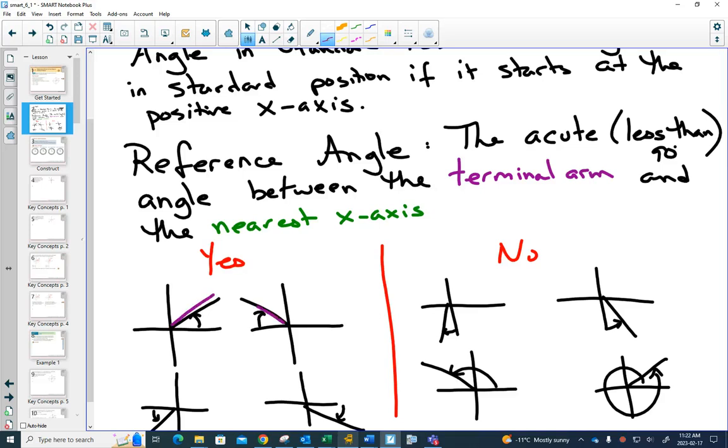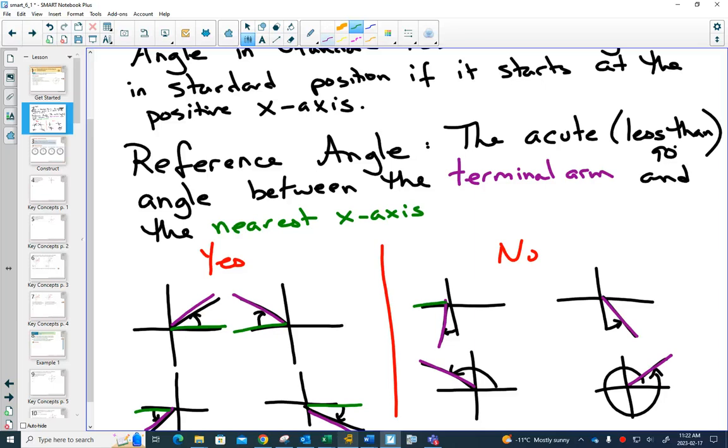And the terminal arm is where an angle would end. These are all the terminal arms. The nearest x-axis is there in green.